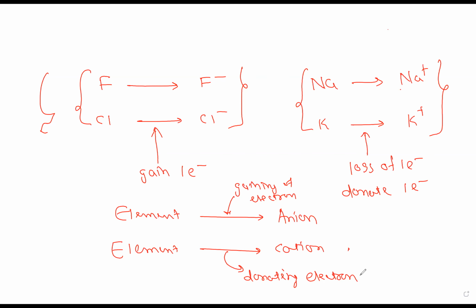Question, sir. Can you repeat the correlation between the positive and negative ions and the metals and non-metals, please? Sure. So I'm going to clear this. You can say molecular compound or covalent compound, and the second type is ionic compound.